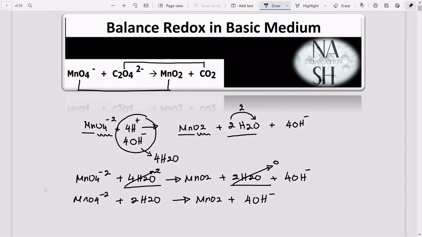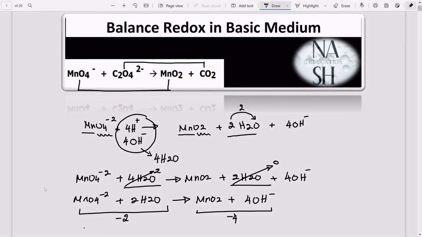MnO4 has -2 charge, water has 0 charge, so altogether my left side will give -2 charge. MnO2 has 0 charge, hydroxide has -1 charge, but because I have 4 hydroxides, 4 times -1, that will give me a net charge in my product side equal to -4.